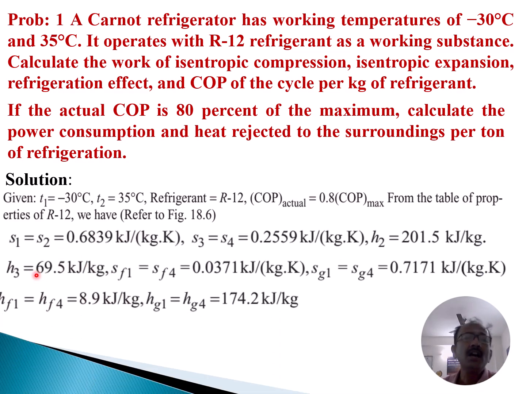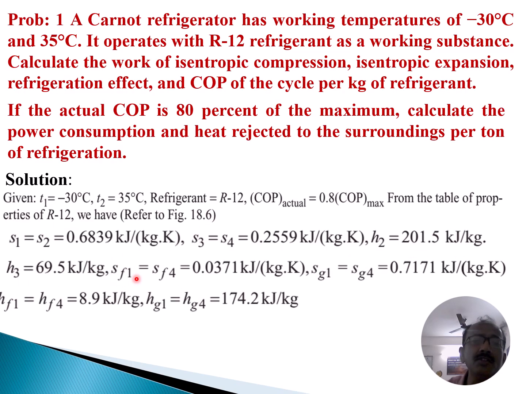Now S1 equals S2, this is the value that we are getting from the chart, that is the entropy value. S3 equals S4, that is also the entropy value. H2 equals this, that is the enthalpy value. H3 is the enthalpy of the refrigerant.